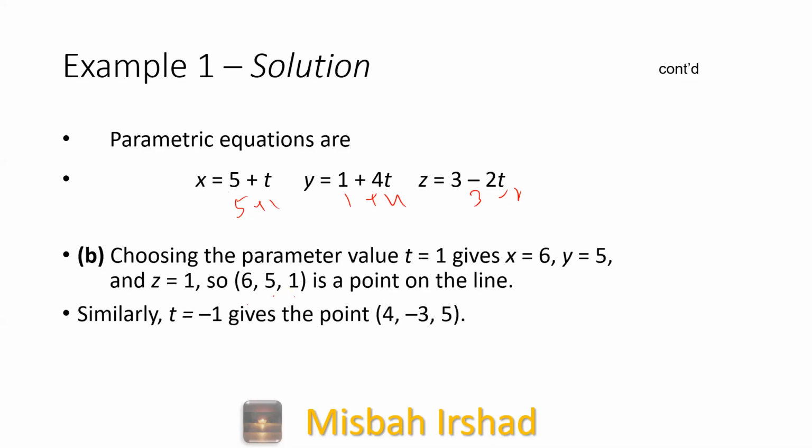Similarly, if we take another value like t equal to negative 1, then x is 5 minus 1, y is 1 minus 4, and z is 3 plus 2. So the point becomes 4, negative 3, 5. This is how we can find different points on the line for different values of t.